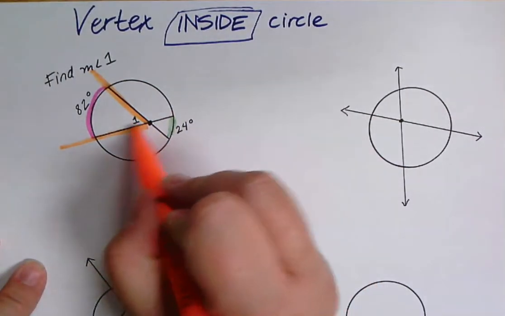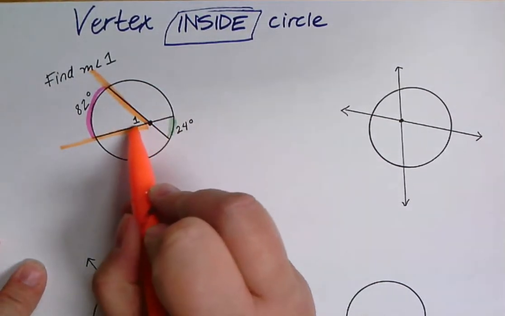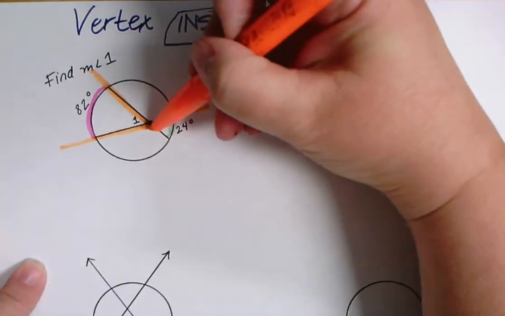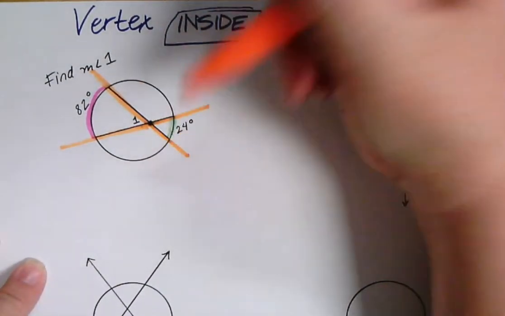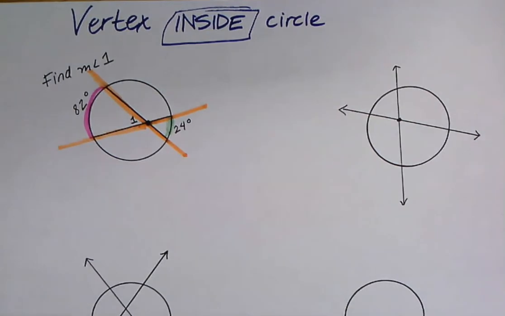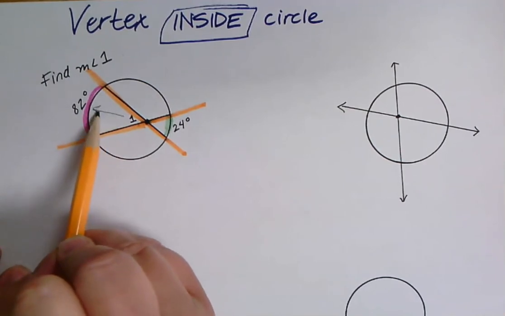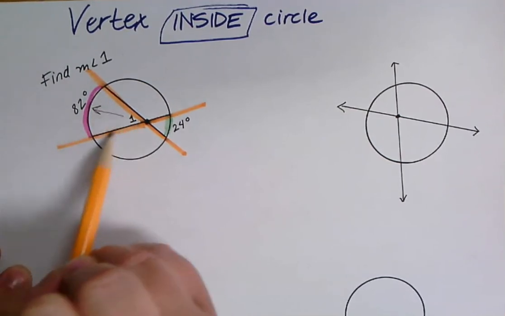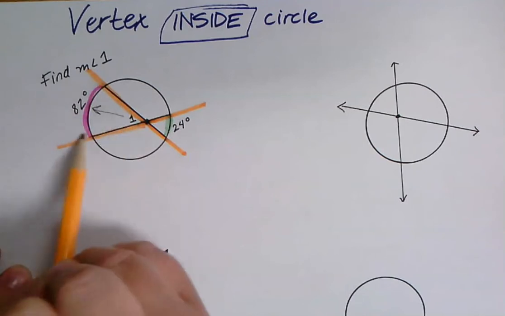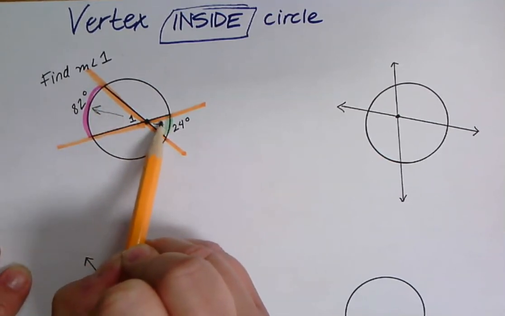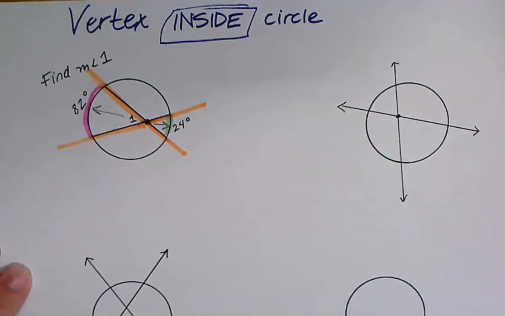Like if you take those two sides and you extend them, because they're still going past that vertex, and you extend them out the back side of the circle, that intercepts your second arc. So when you have your vertex inside the circle, you could think of it as one of the intercepted arcs is in front of your angle, like the two sides of your angle are arms embracing that intercepted arc. And the other one is straight behind you. Like if you had eyes in the back of your head, you could look at it.